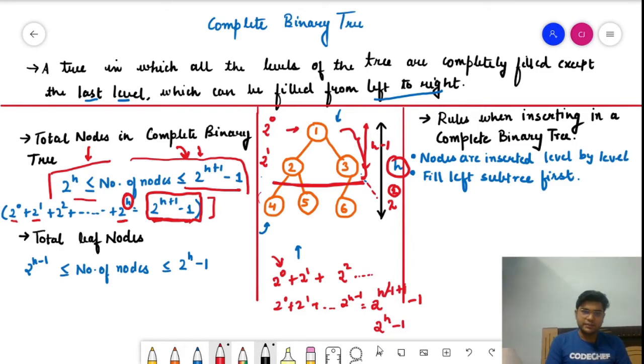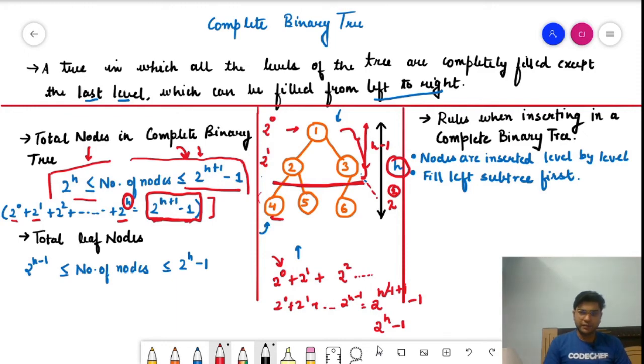And since the tree is of height h, we at least have a single node at this particular level. That is the bare minimum requirement: if a tree has height h, at this particular level we at least have a single node.